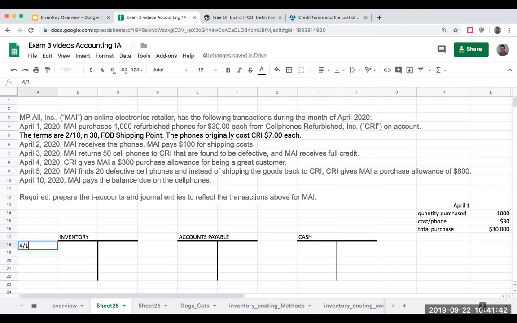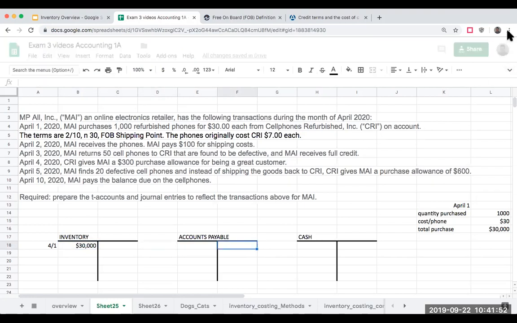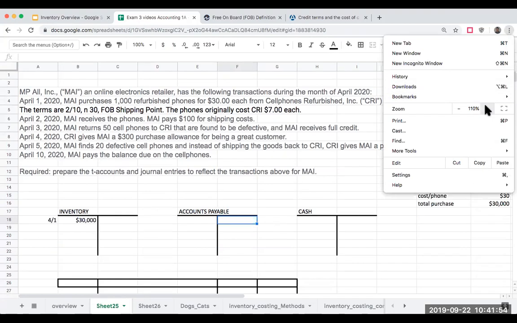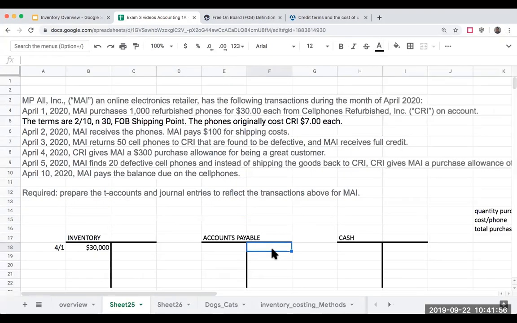So here on April 1st, I'm debiting inventory for $30,000. And for every debit, I need a credit. And my credit is going to be to accounts payable for $30,000, on April 1st.